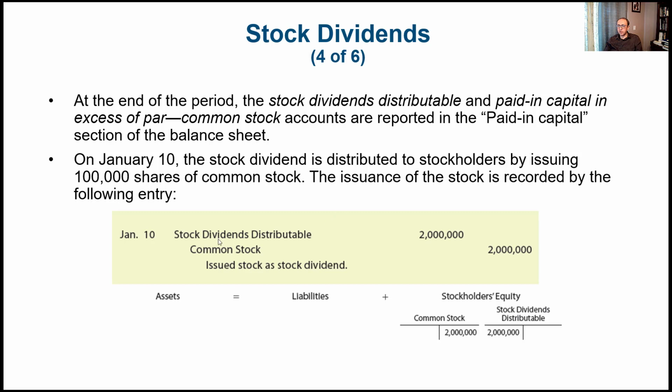We are going to remove the liability, so we're going to debit stock dividends distributable, and we credit common stock. The paid-in capital in excess of par has already been taken care of, so we don't need to worry about it. So in other words, we got rid of the stock dividends distributable, and we issued the common stock.